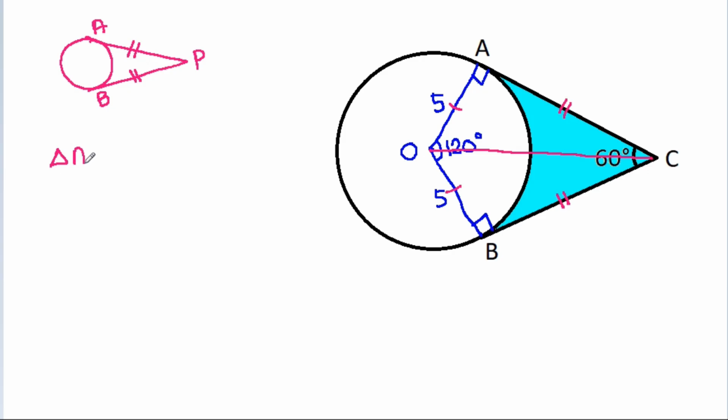So triangle AOC will be congruent to triangle BOC. That means this angle and this angle will be equal and 60 degrees, and these two angles will also be equal, that will be 30 degrees.